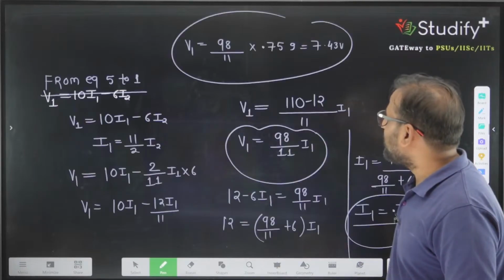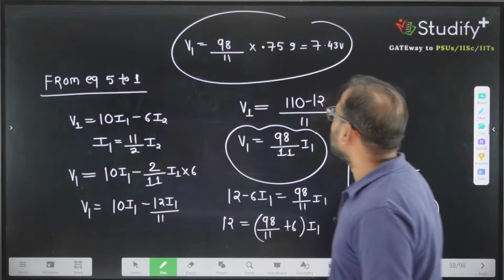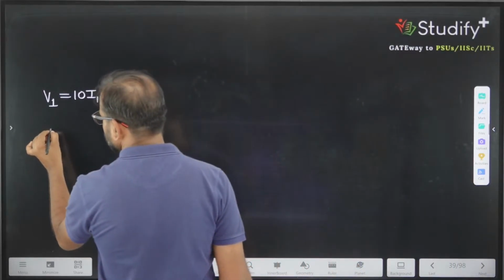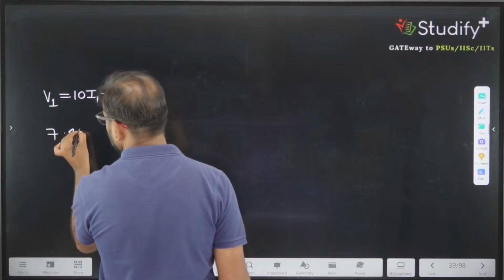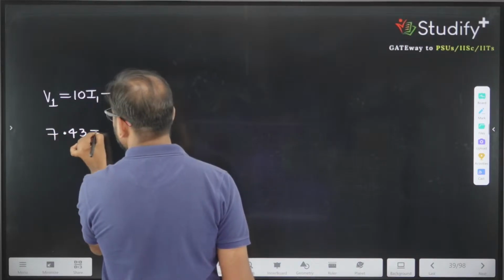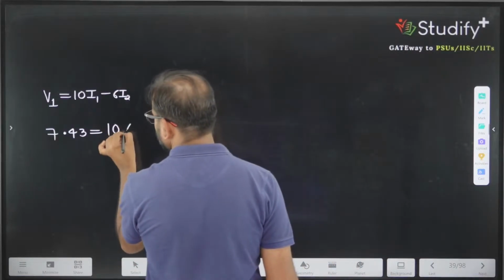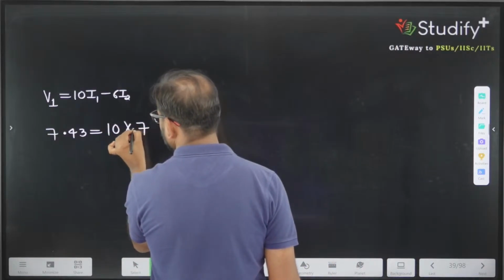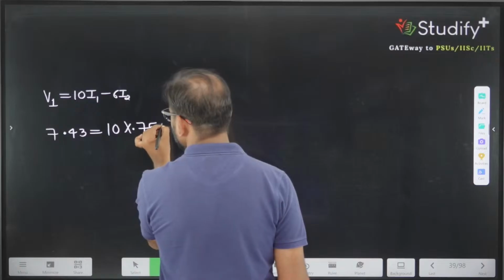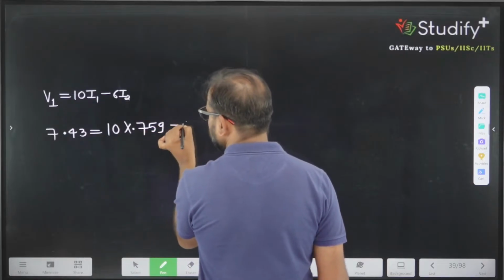The value of V1 is given as 7.43 volt, equal to 10 times I1, 0.759, minus 6 I2.